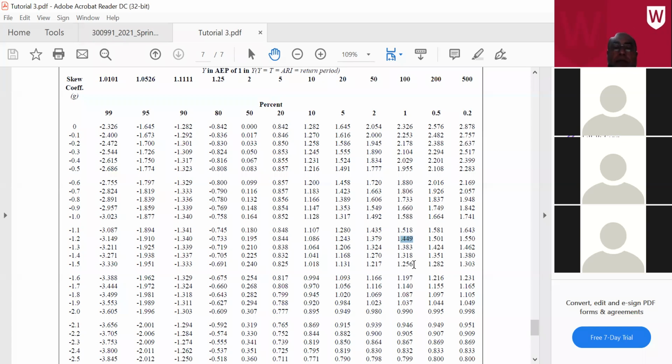So is this clear from the table? Anybody has any confusion with this? Any question?